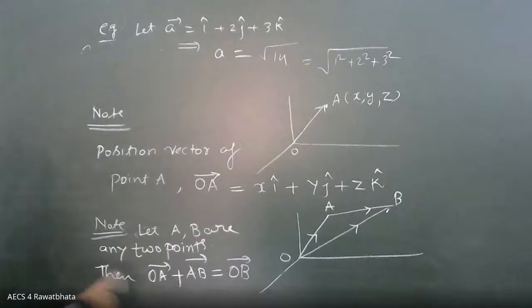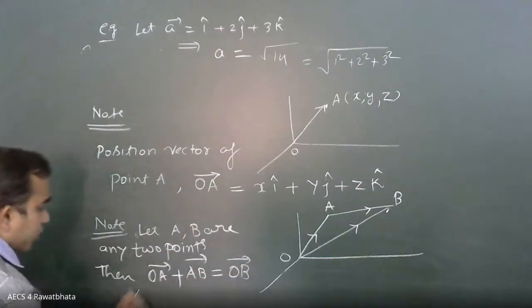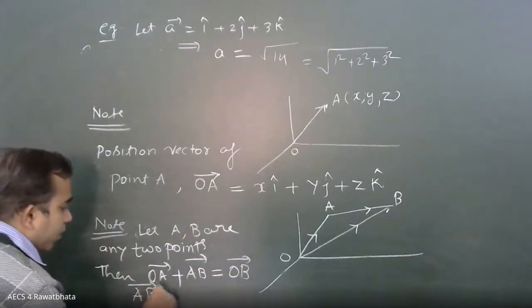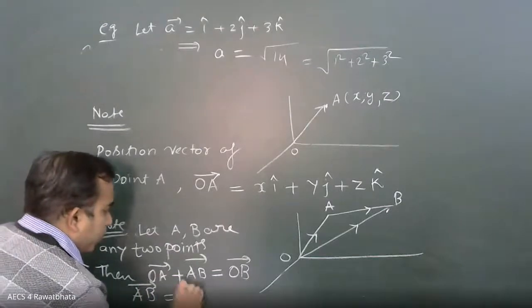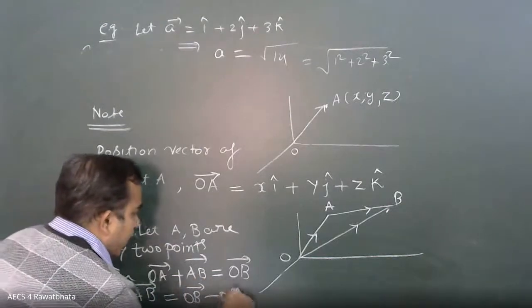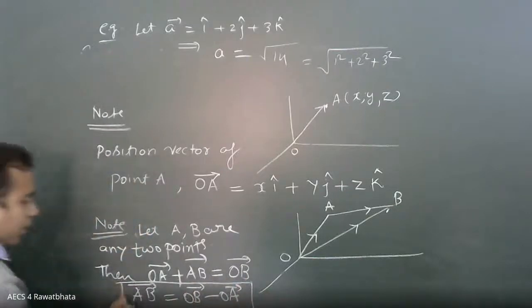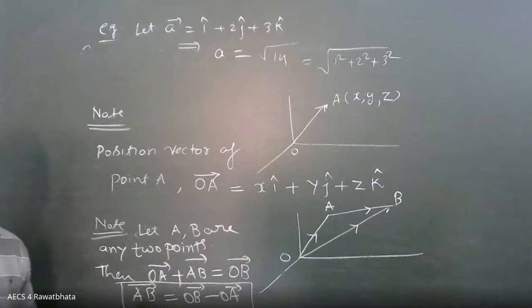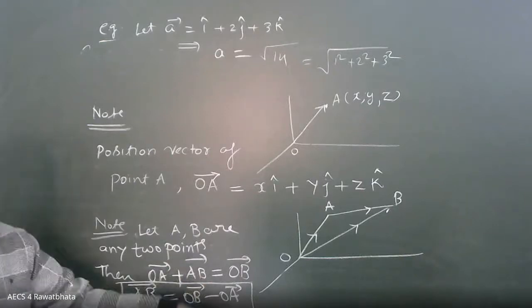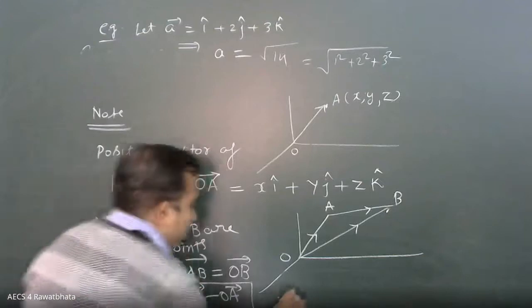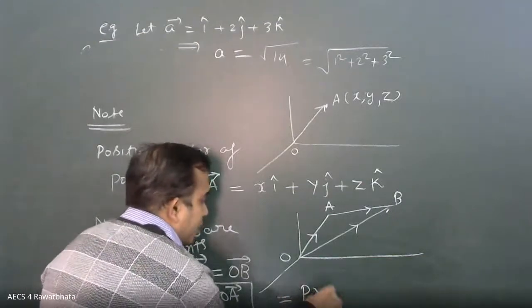Using this, if you shift one term to the other side, the AB vector can be calculated as OB vector minus OA vector. So keep in mind that if 2 points are there, then AB vector is the position vector of B minus the position vector of A. Position vector, in short I am writing PV.